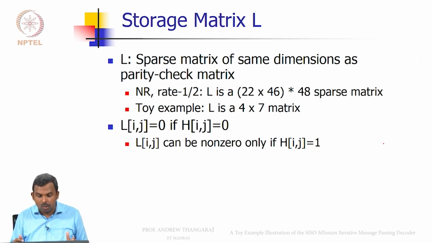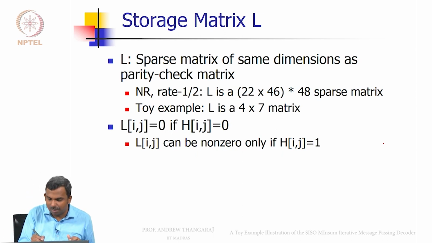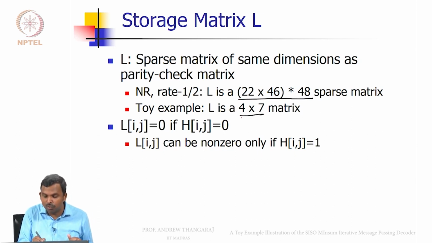If you take for instance the New Radio or the 5G standard rate half code, L will be a 22 by 46 times 48 sparse matrix. This is just an example, it could be of this size or any other size, and the toy example is just 4 by 7.